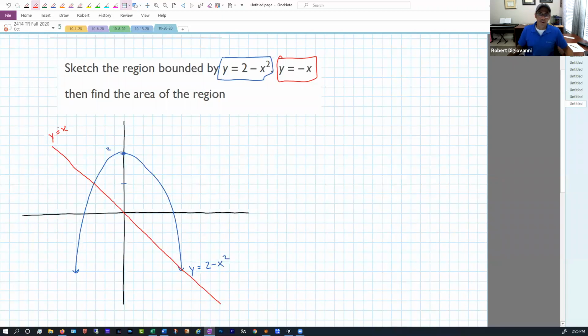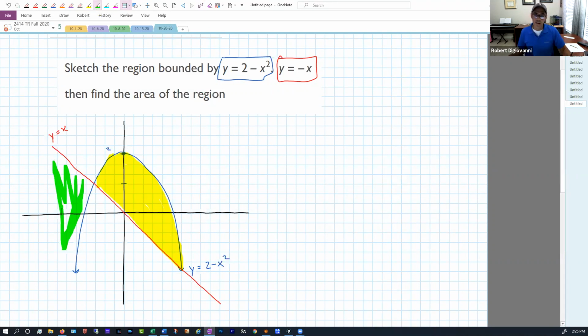Now, is it clear to everyone what the region bounded by these two is? Does everyone see it? It's this region right here. We want to know the area of that. Now, do you all understand that you cannot say that it's over here?